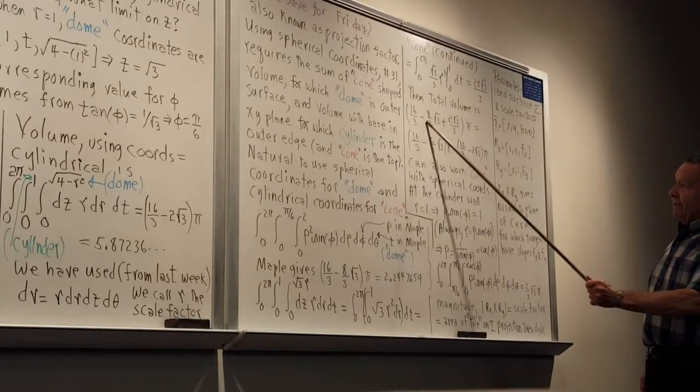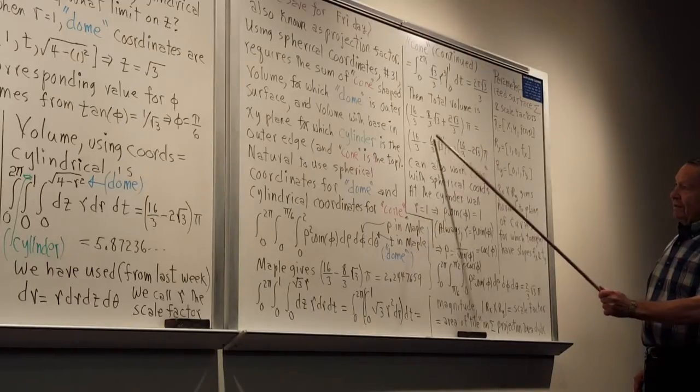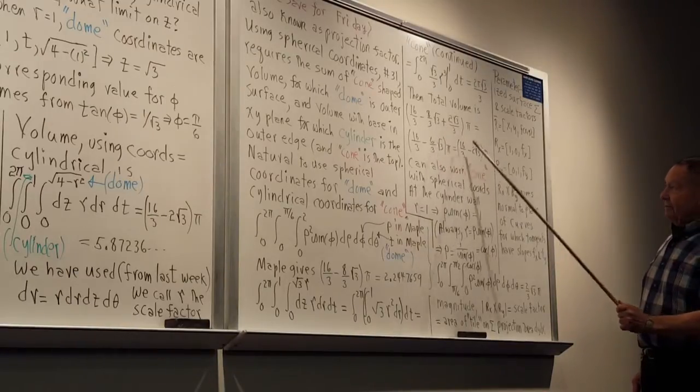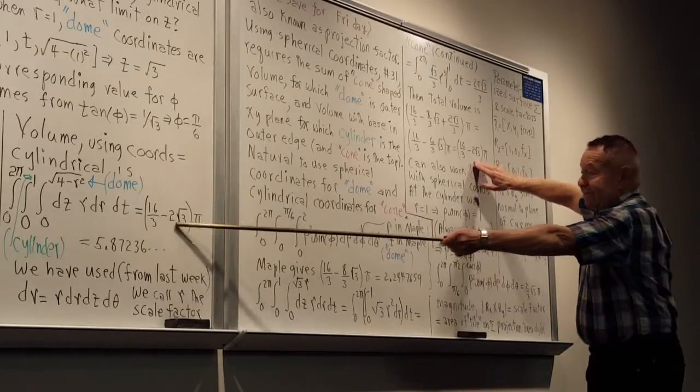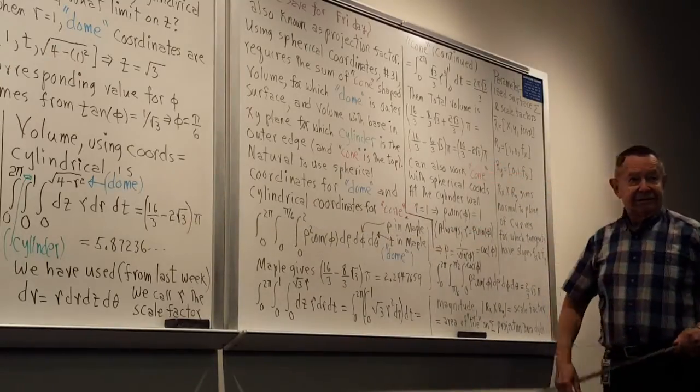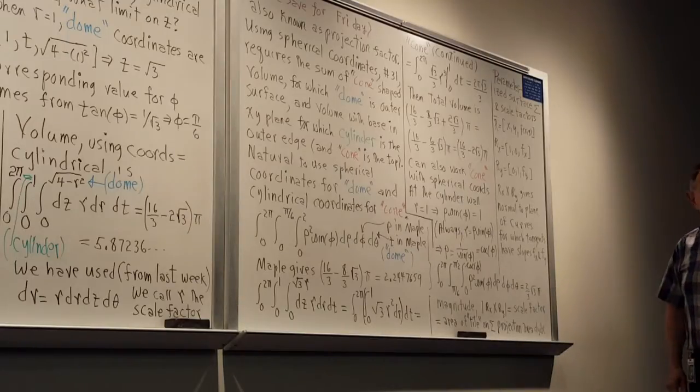And minus 8/3 plus 2/3 would be minus 6/3, and that's 2. And that's what this says. So the two pieces add together, you see.